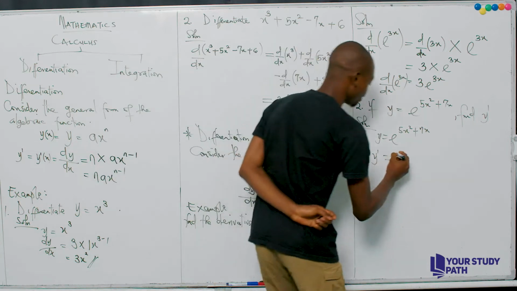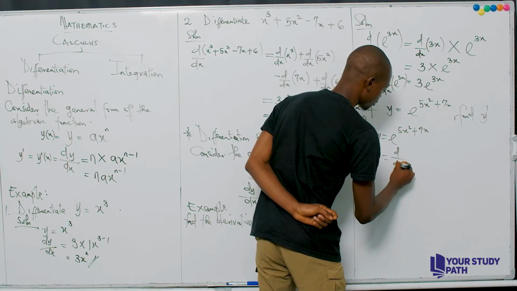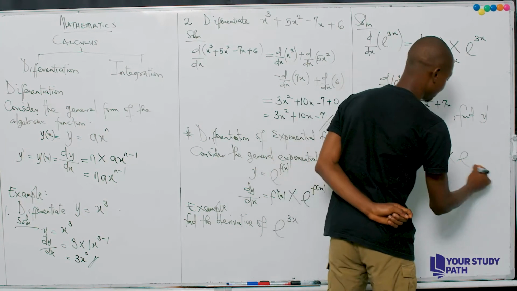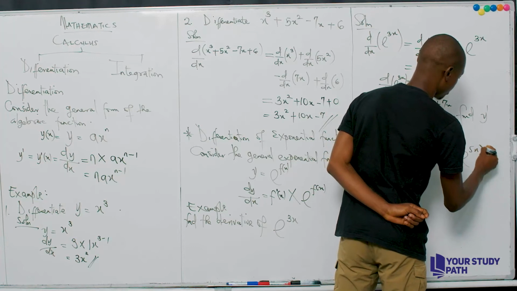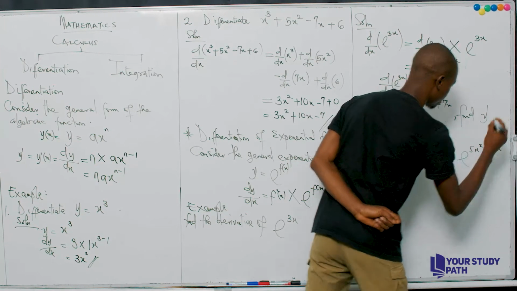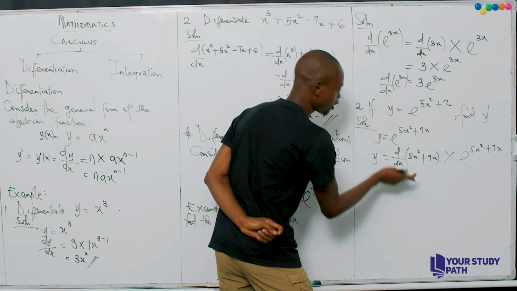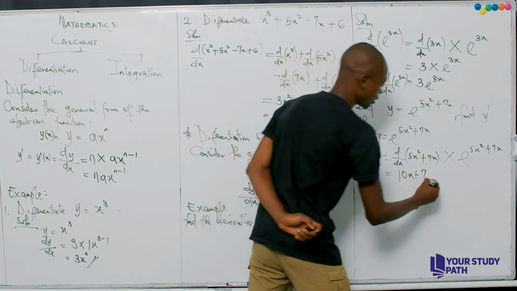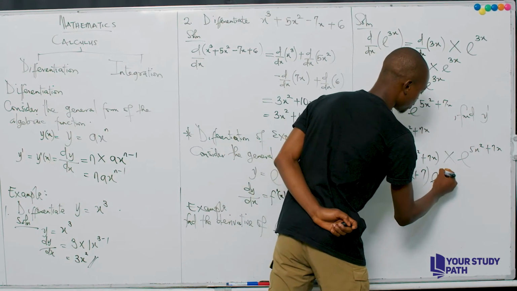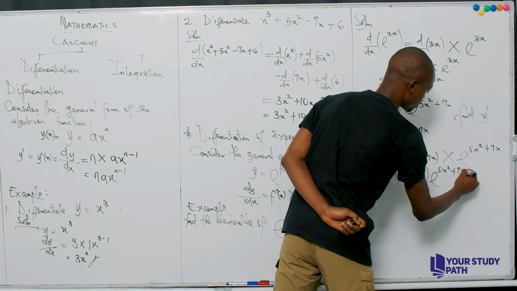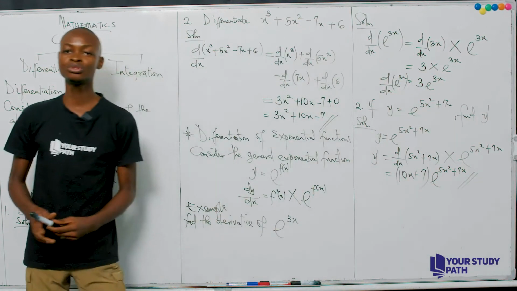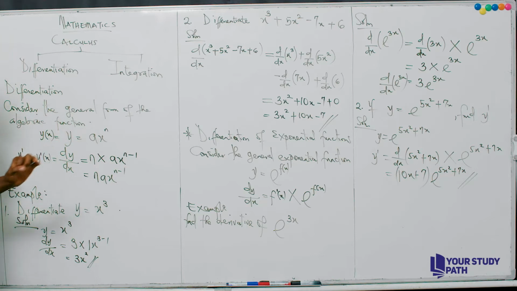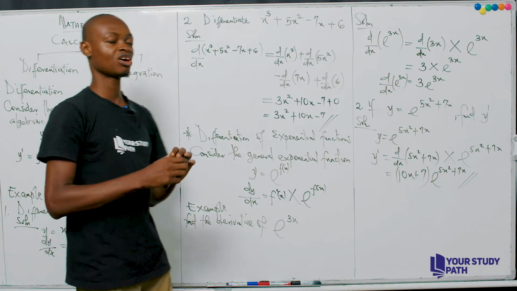So we need to find the differential of 5x squared plus 7x, then multiply that with the exponential function. And then differentiating this, 5x squared will give us 10x plus 7, all multiplied by e raised to the power of 5x squared plus 7x. Simple and straightforward. This is how to apply the differentiation of exponential functions.